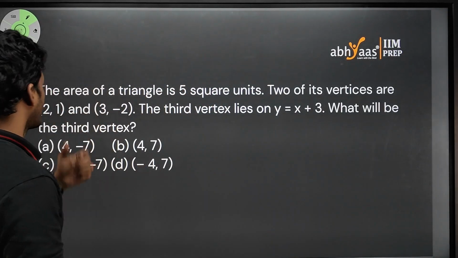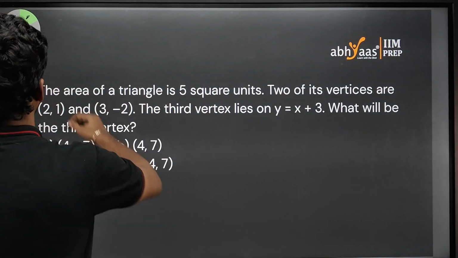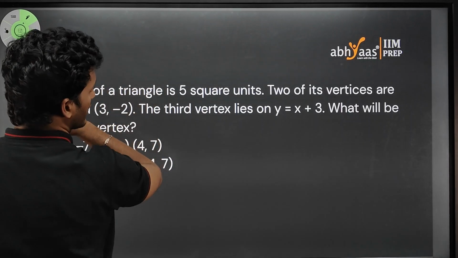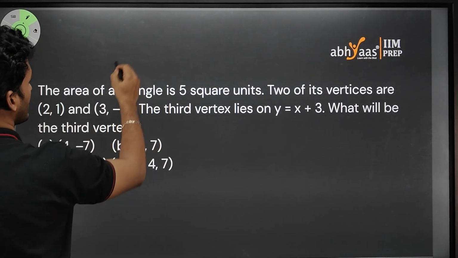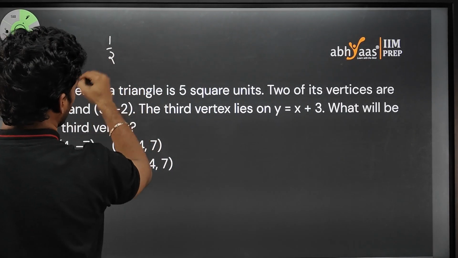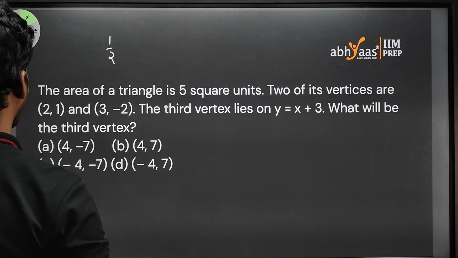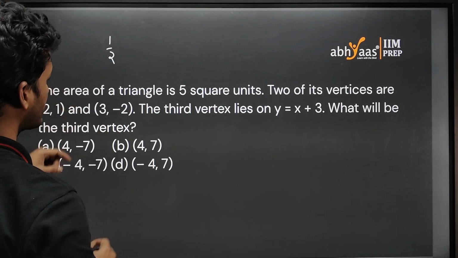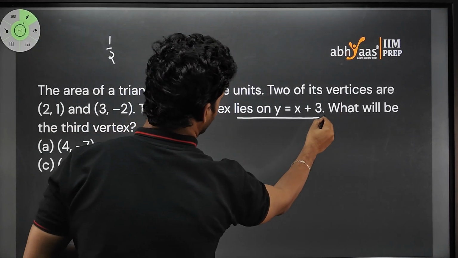So the area of a triangle is 5 square units. If you are given some points, the area would be half of base into height. The third vertex lies on y is equal to x plus 3.